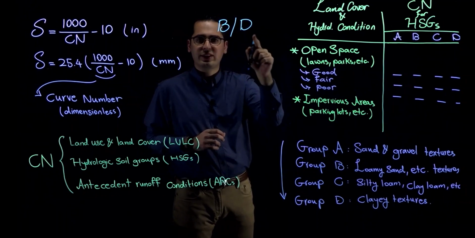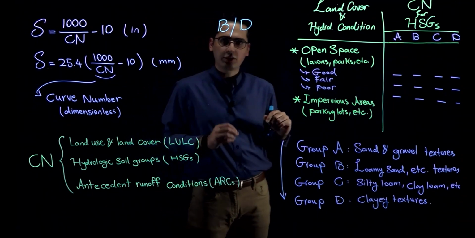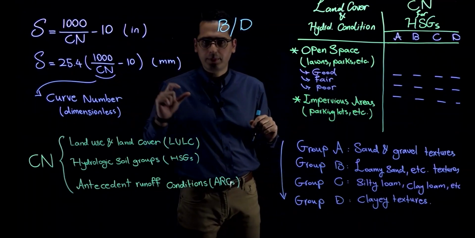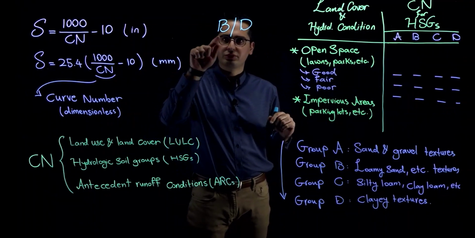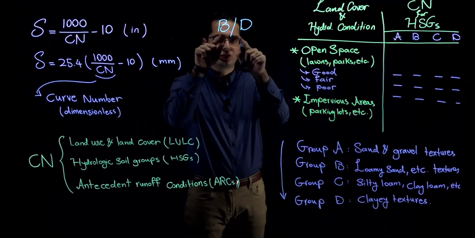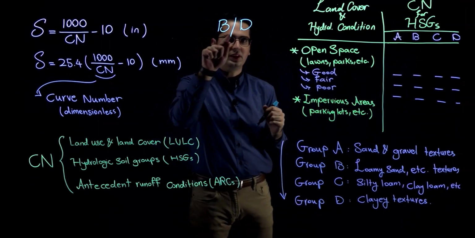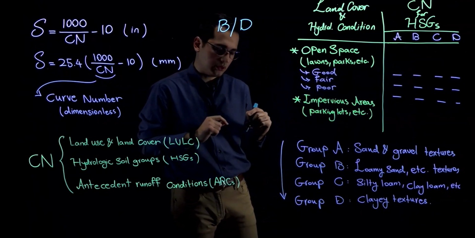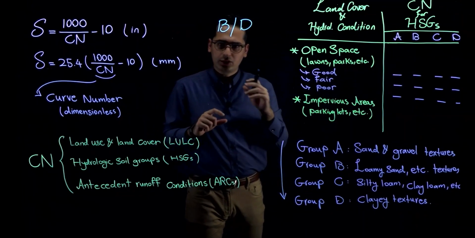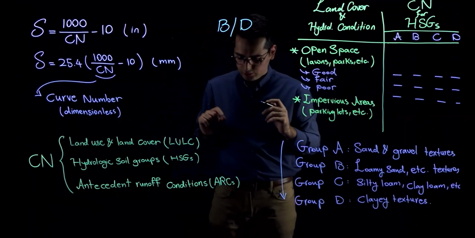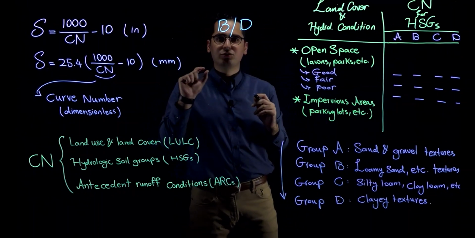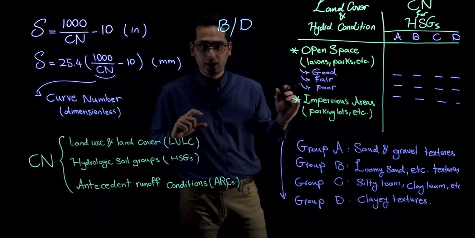For example, B/D. Now you're going to ask me, if the soil type in my study area is represented by 2 letters, which one should I consider over here to find a unique value of curve number? B or D or something in the middle? So to answer that question, I will ask you this. Do you know about the drainage condition of your study area?